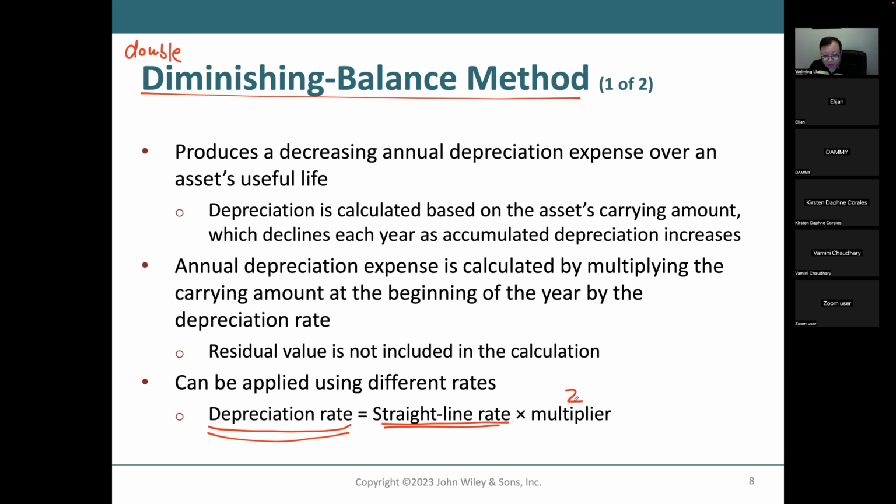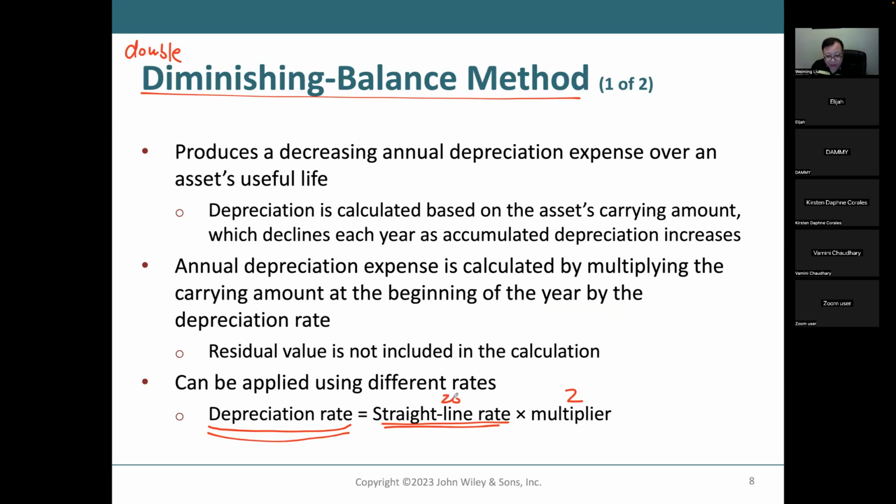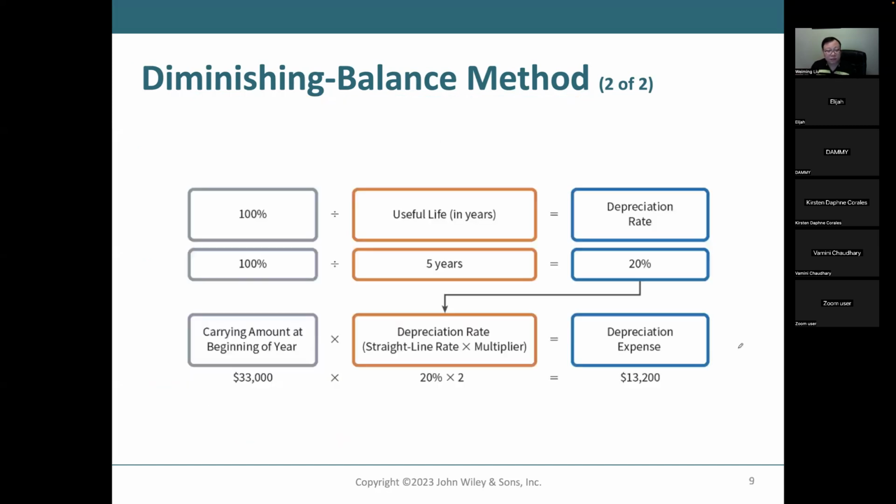And we have learned that my straight line rate is 20% per year. So therefore, my depreciation rate for this double diminishing balance method would be 40%. So now your starting value, initial value is 33,000, and I'm going to do 40% of that as a depreciation.